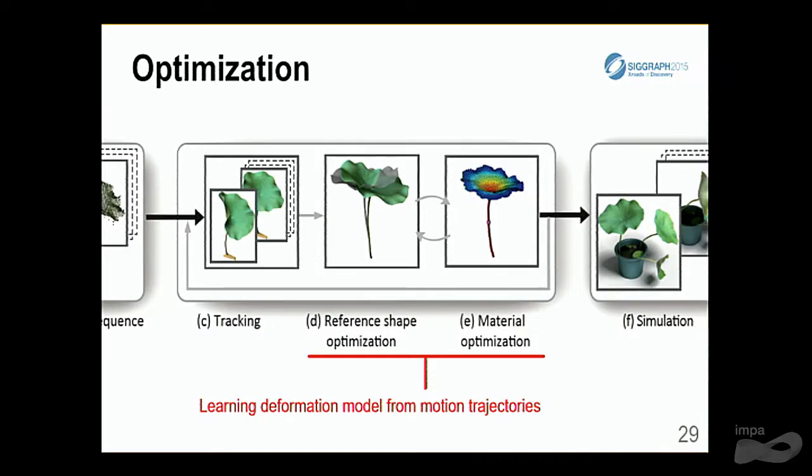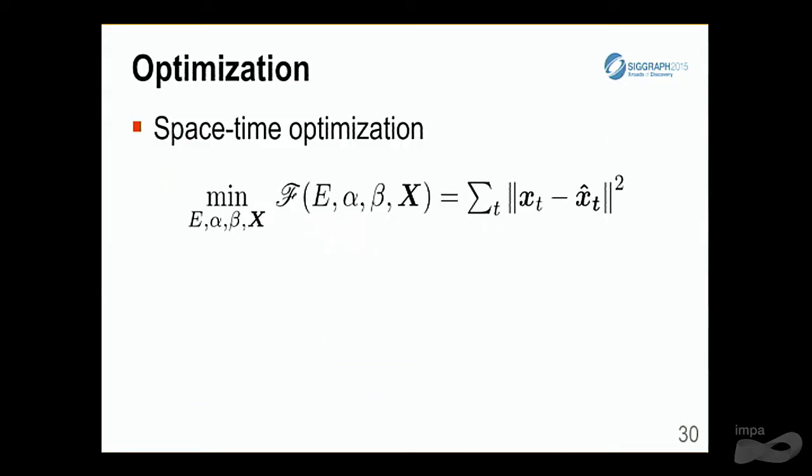This one, a little bit more: you have the reference shape and the material optimization, and so we look at this kind of objective function. So x hat here, not my notation really, is the result of the motion tracking for given Young modulus, alpha, beta, and this reference. And now we simulate, using the forward problem, the correct physical one, and that gives us x.